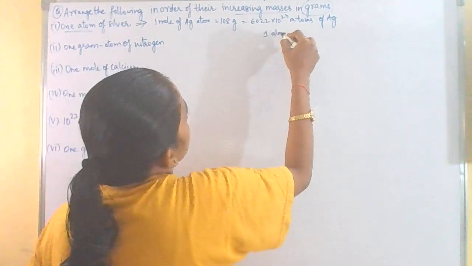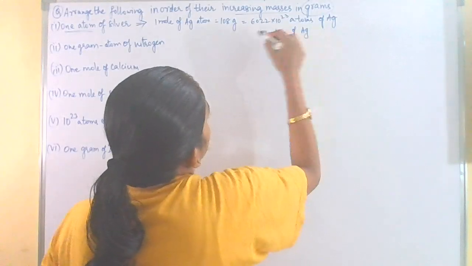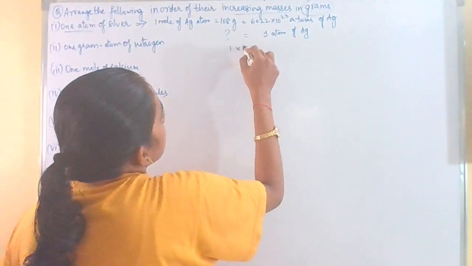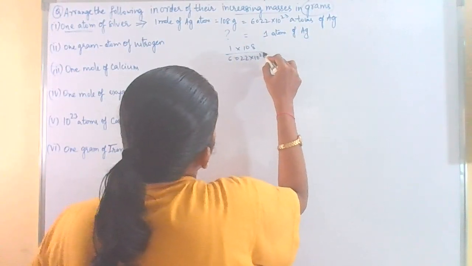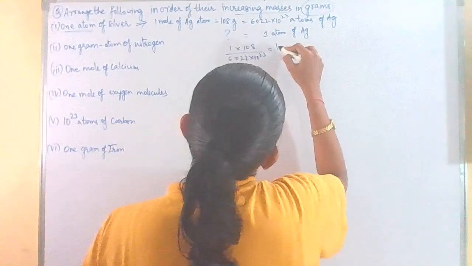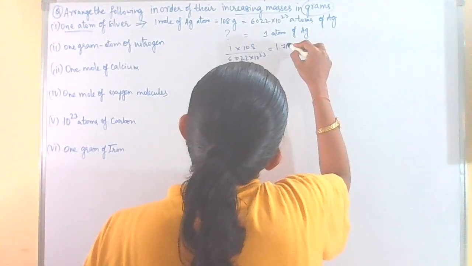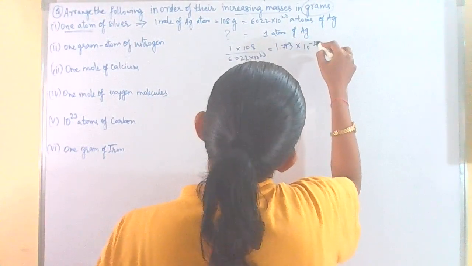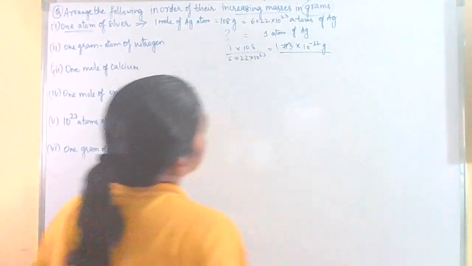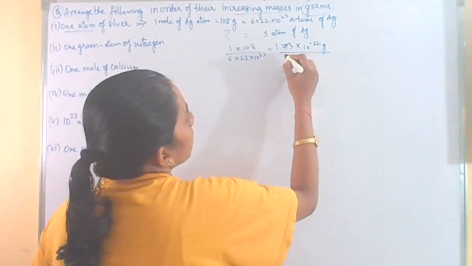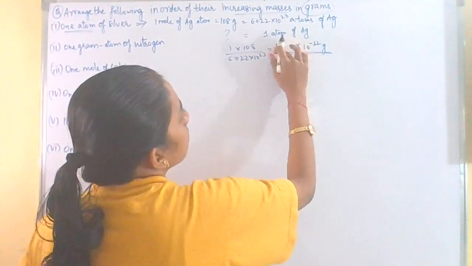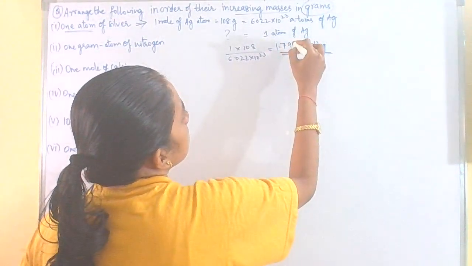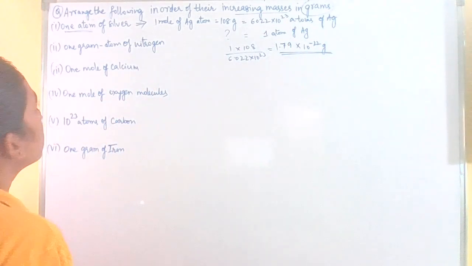Then 1 atom of silver is 1 × 108 / (6.022 × 10^23), which is around 1.793 × 10^-22 grams. You have to calculate and then write this final answer.